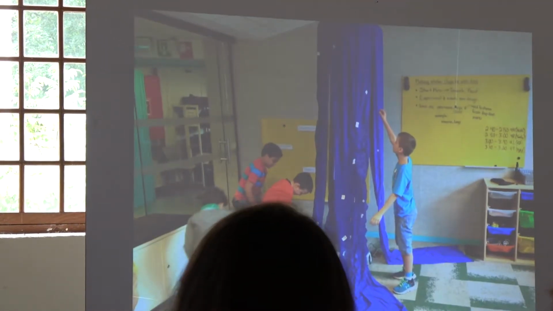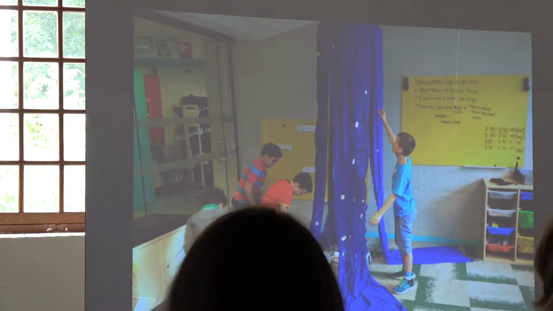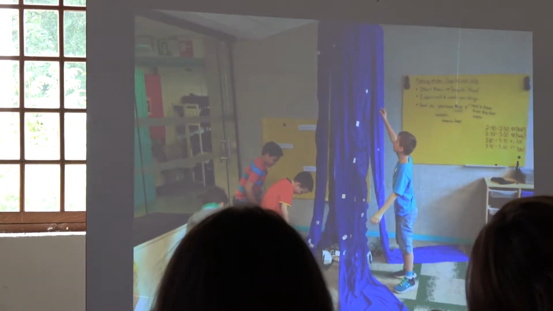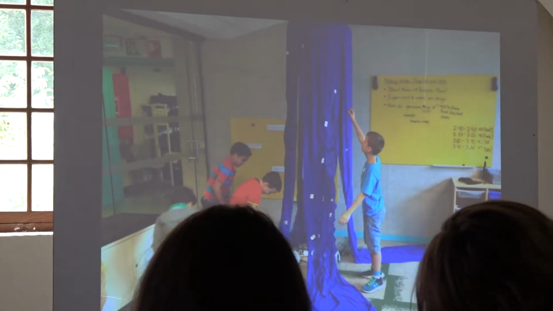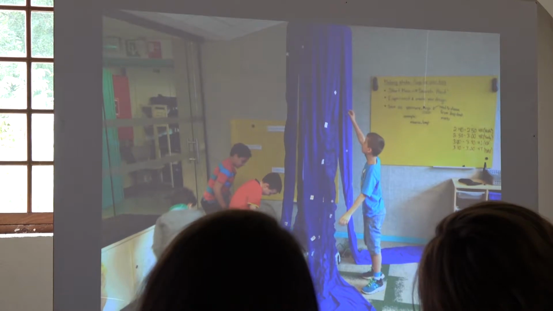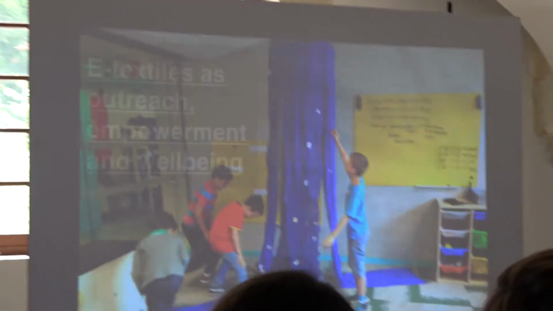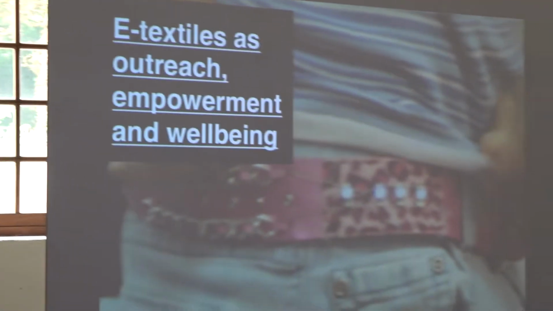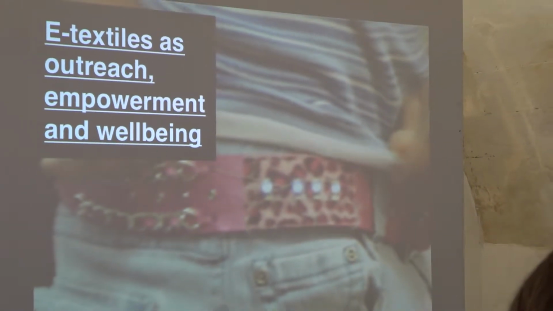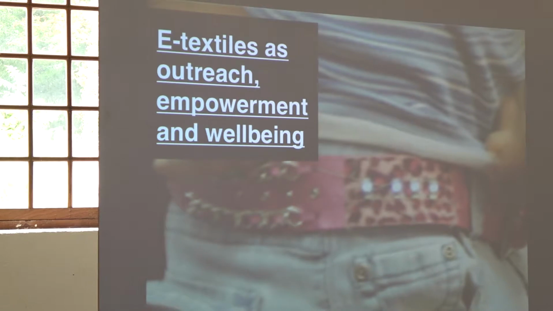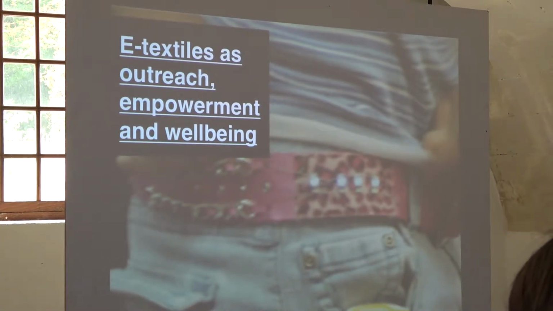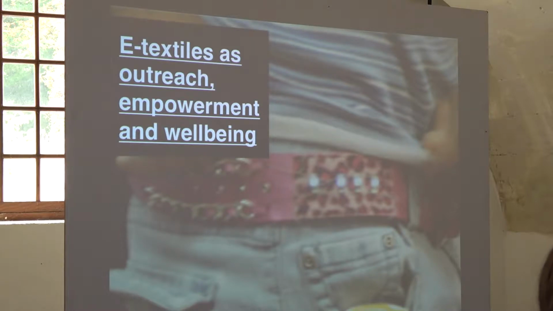And other projects too, where I've worked in schools making e-textile sculptures, where children have then added little embroideries which represent something personal to them about their environment, something they love about their school or their city.